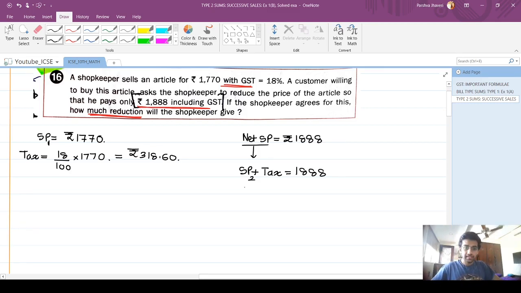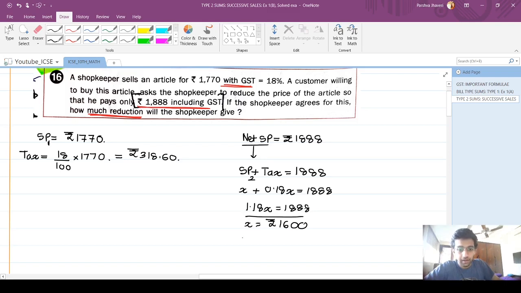So let's assume this SP2 to be X, some amount X plus tax. Tax is always on the SP, so it will be X plus 0.18X equals 1,888. This will be 1.18X is equal to 1,888. Now this X is nothing but the SP2, or the selling price the customer wants.